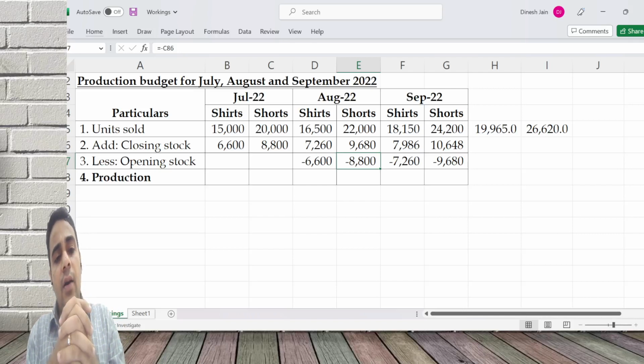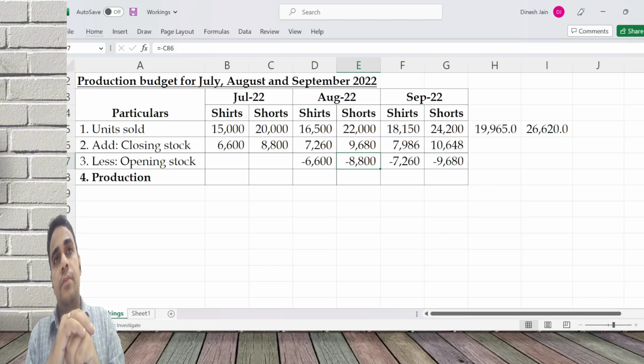Any idea what will be the opening stock of July? How can I calculate it? What should be the opening stock of July?